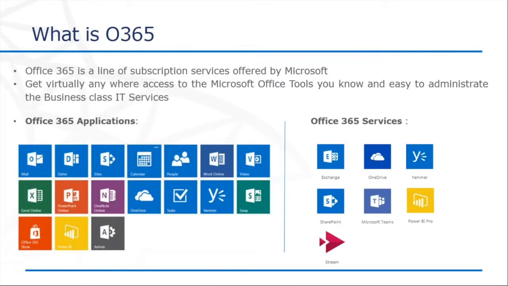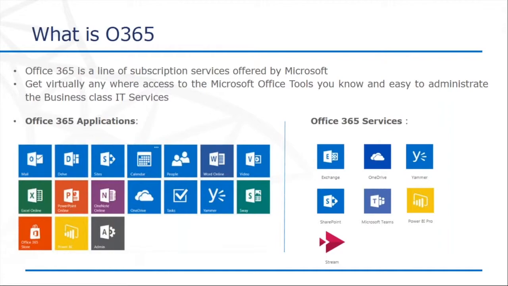O365, you might have heard about it. It's all about the services offered by Microsoft. O365 has a couple of applications, around 27 applications. A couple of them are the most important. Delve is for workflow kind of functionality, and regular applications like Word, Excel, OneNote will be there.